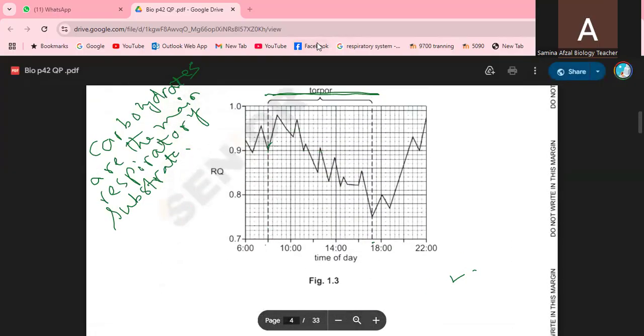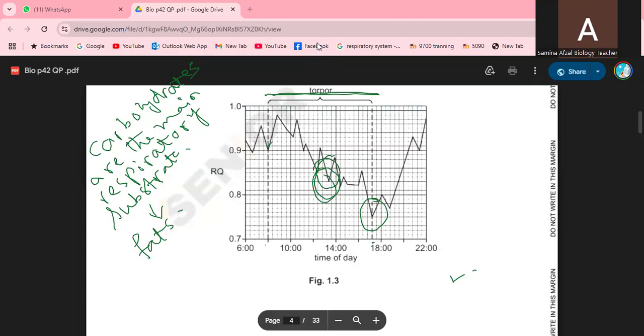During this you can see the main values, which are showing this at 0. They indicate that fats are also being consumed over here, because it is the lowest. RQ values for protein are around 0.8. Here we can see there is an indication of use of proteins in this graph.